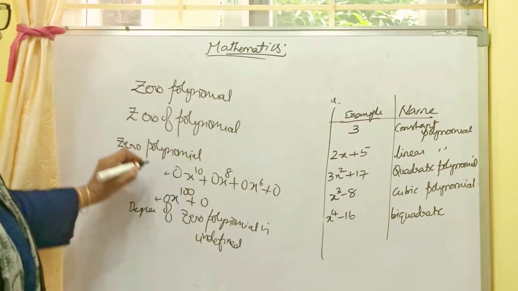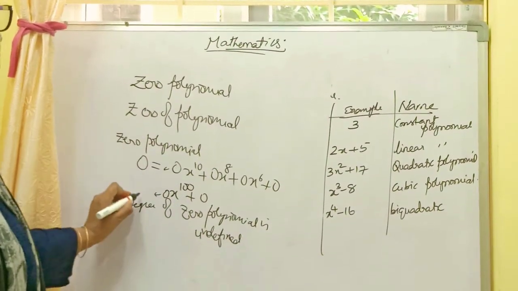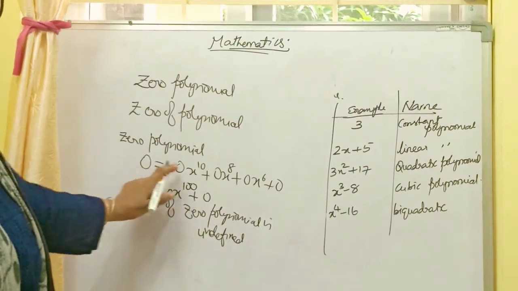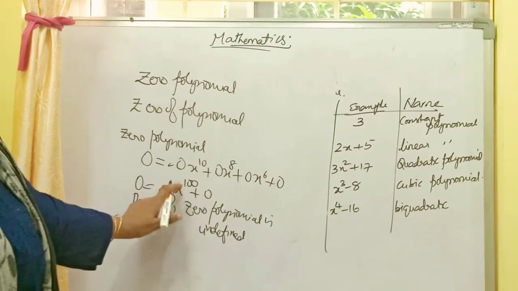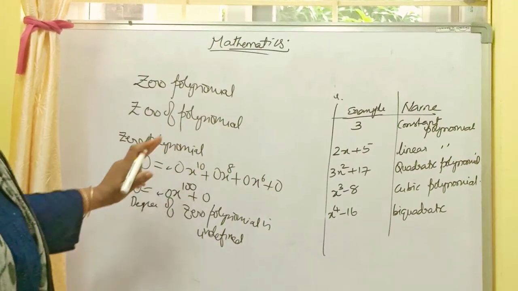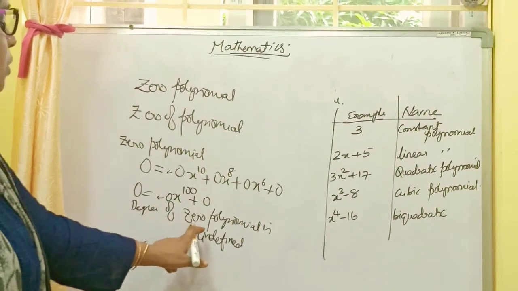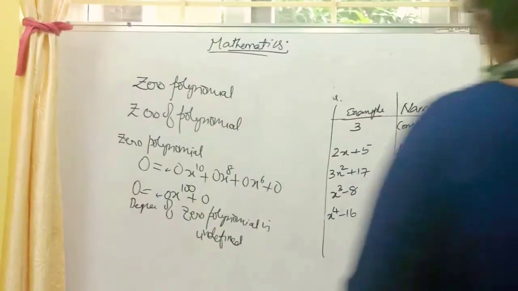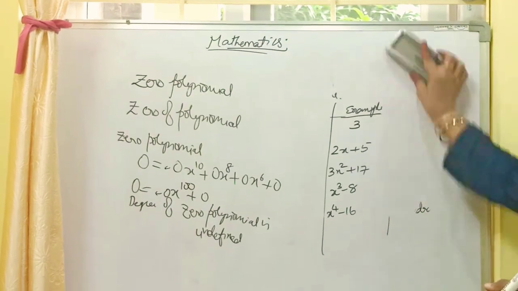Because this is nothing but equal to 0, and this is also equal to 0. So 0 can be written like this or like this. Since I don't know what highest power people have written, the degree of the zero polynomial is undefined.